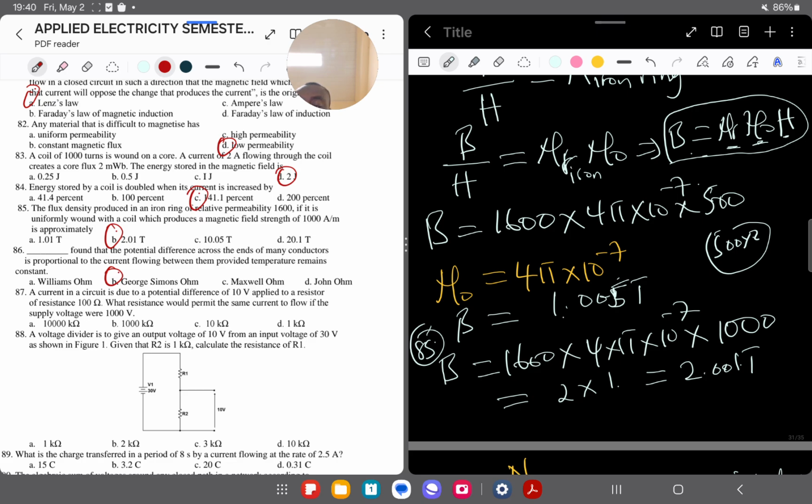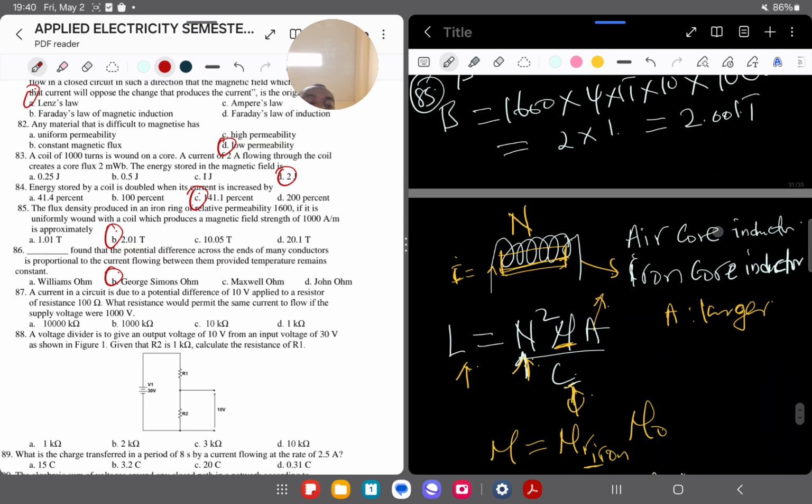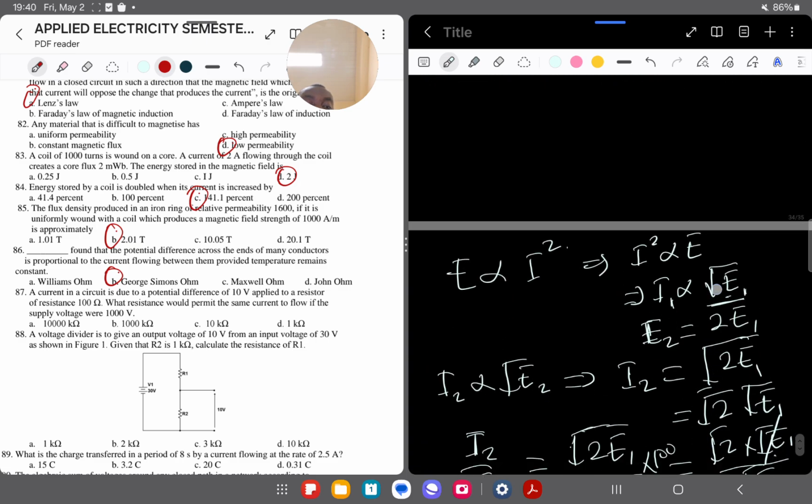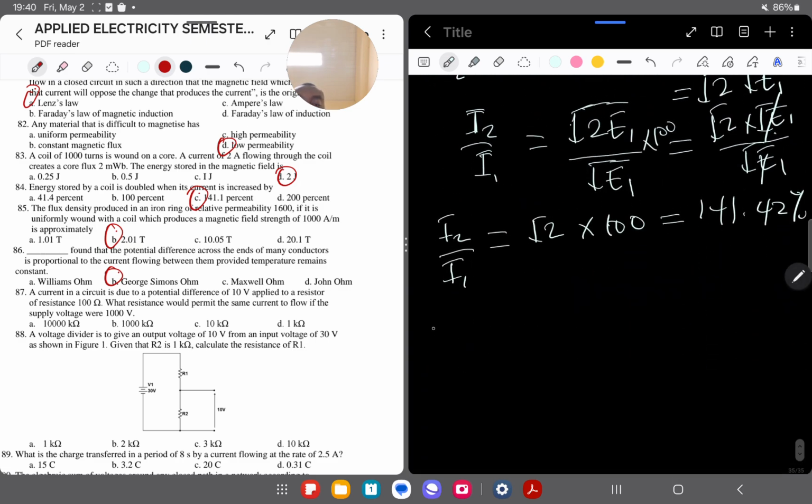Question 87. A current in a circuit is due to a potential difference of 10 volts applied to a resistor of resistance 100 ohms. What resistance will permit the same current to flow if the supply voltage were 1000 volts?